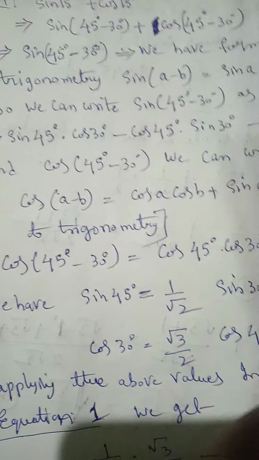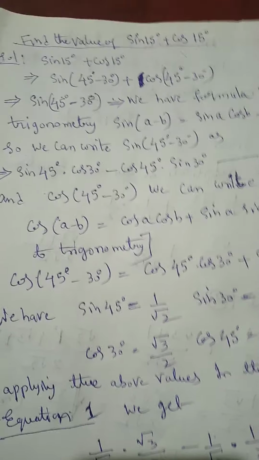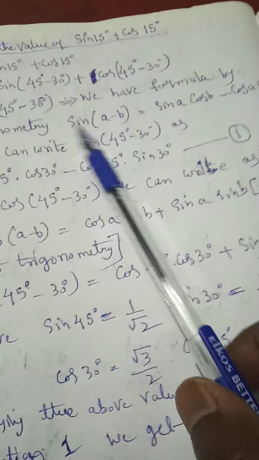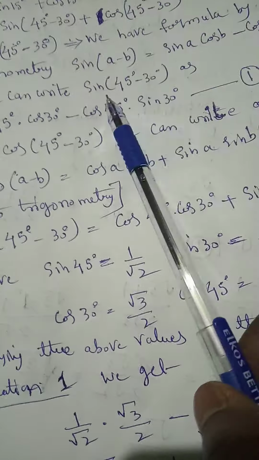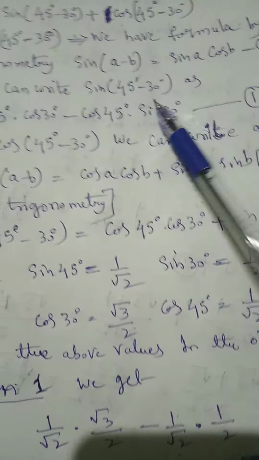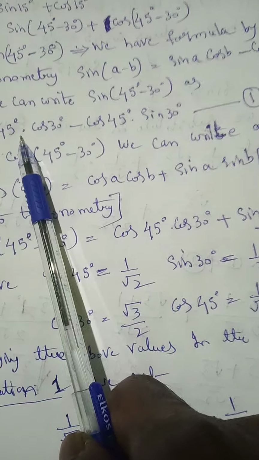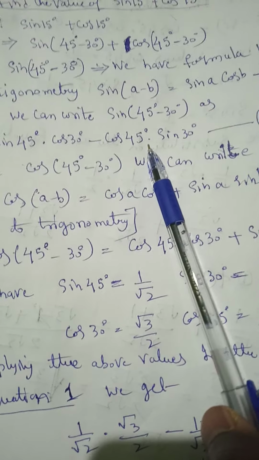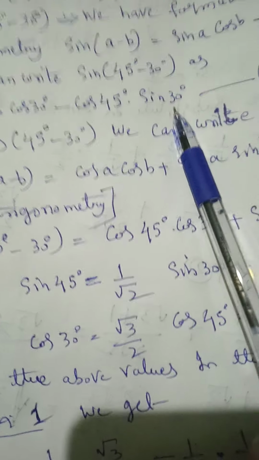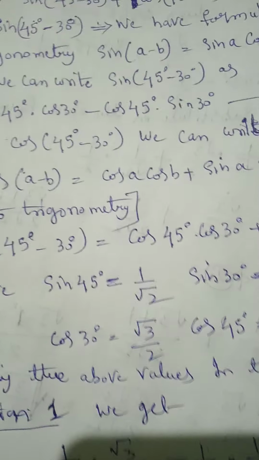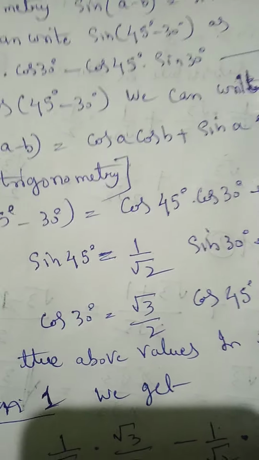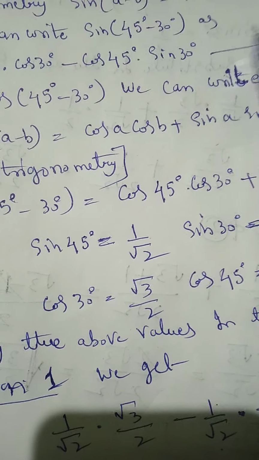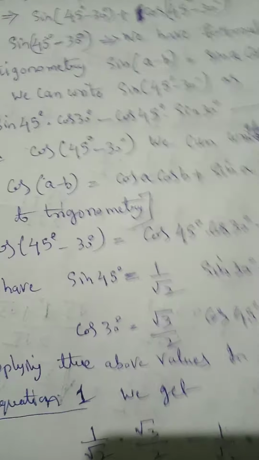So we can write sine of 45 minus 30 using this formula, assuming a is 45 and b is 30. So sine of 45 minus 30 becomes sine 45 into cos 30 minus cos 45 into sin 30. We treat this as one equation.